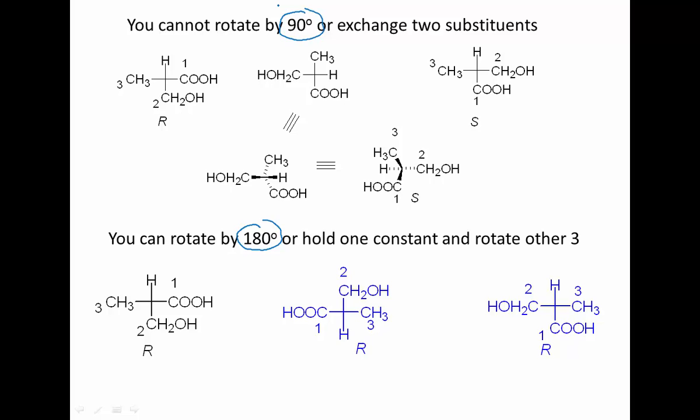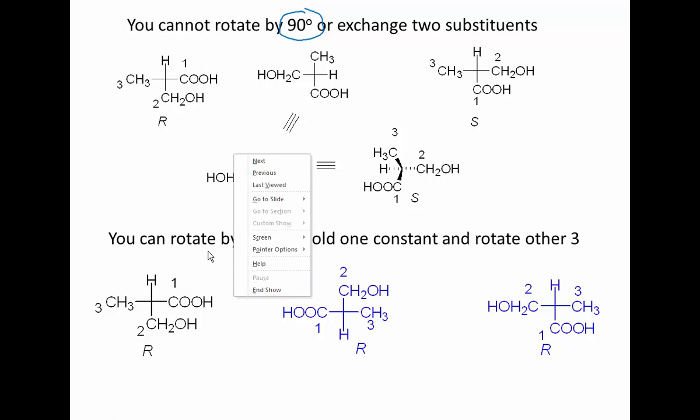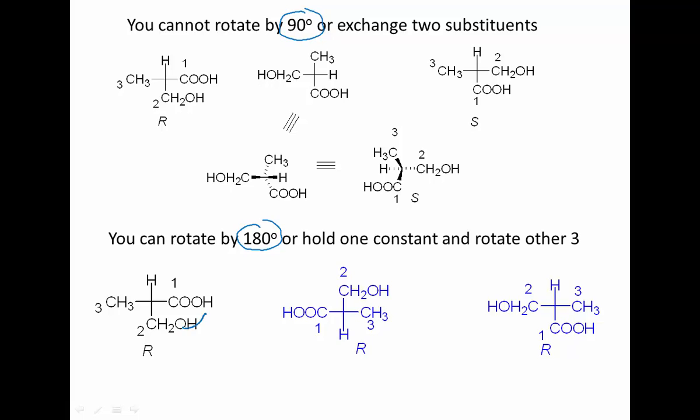The other thing you can do is hold one of them constant and rotate the other three. So imagine that I'm taking this hydrogen and holding it constant, and I'm going to rotate each of the other three groups: COH there, CH2OH there, CH3 there, and I haven't changed the RS configuration at all.